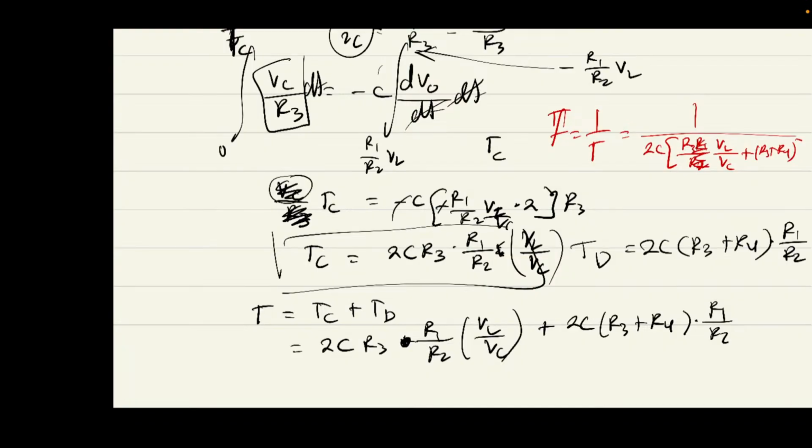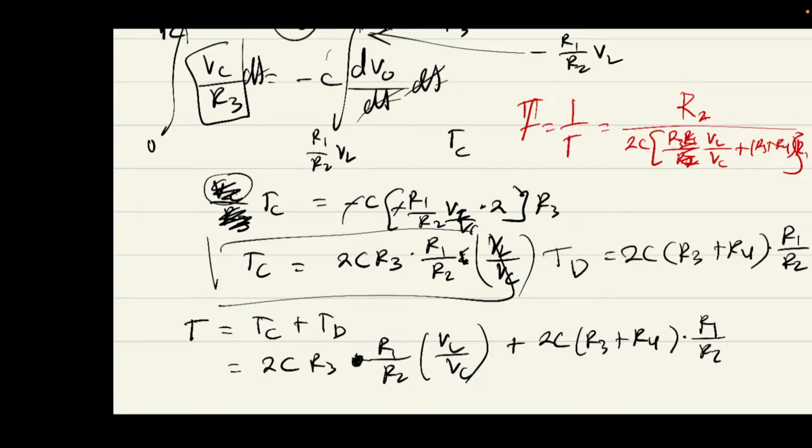So we can just factor that out, and this is going to be R2 on R1, like that. It was a bit messy, but does that make sense?